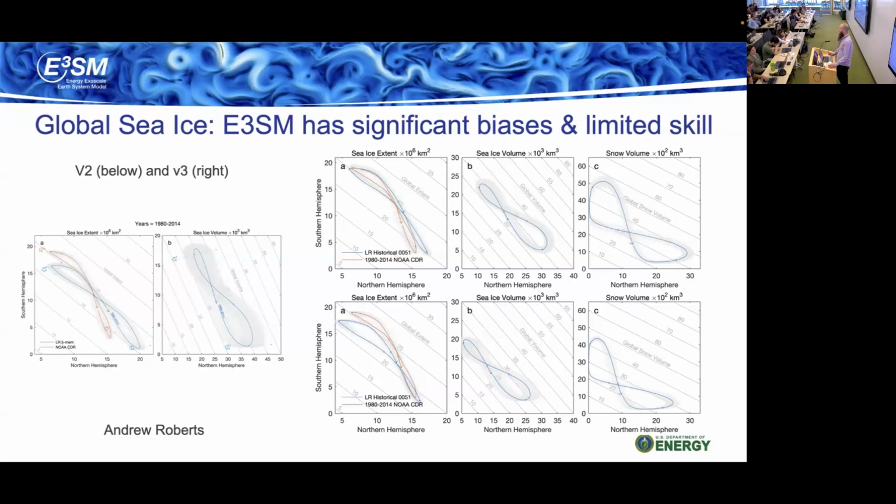Chris? Nice summary of the work. How far or how close are we from having interactive ice shelf in Antarctica? It is beyond V3 or? Beyond V3. So Antarctic ice sheet coupling is part of an ecosystem project. It's in a SIDAC project.